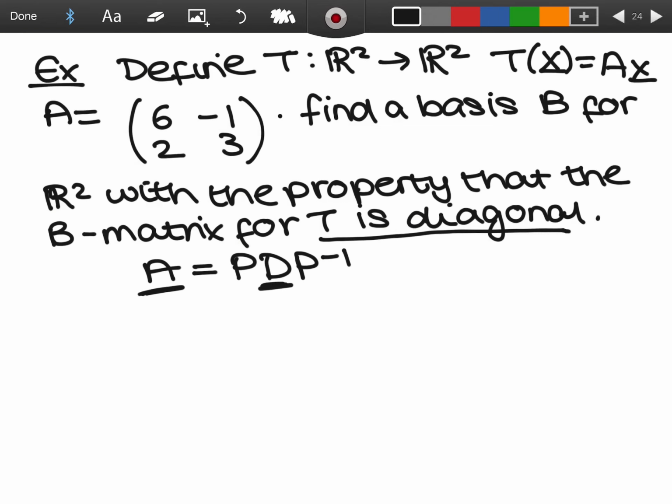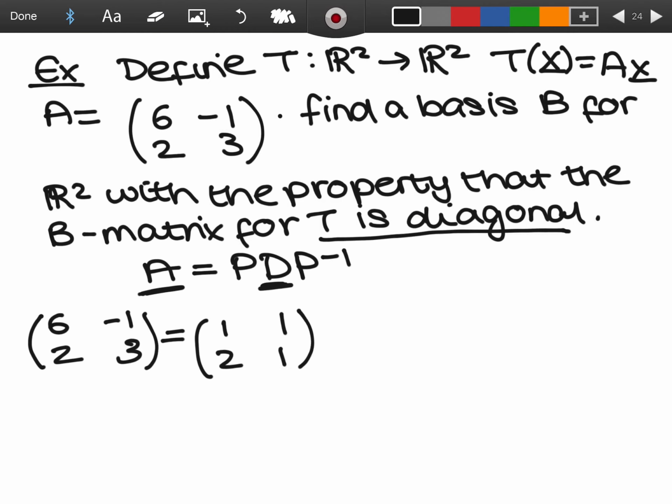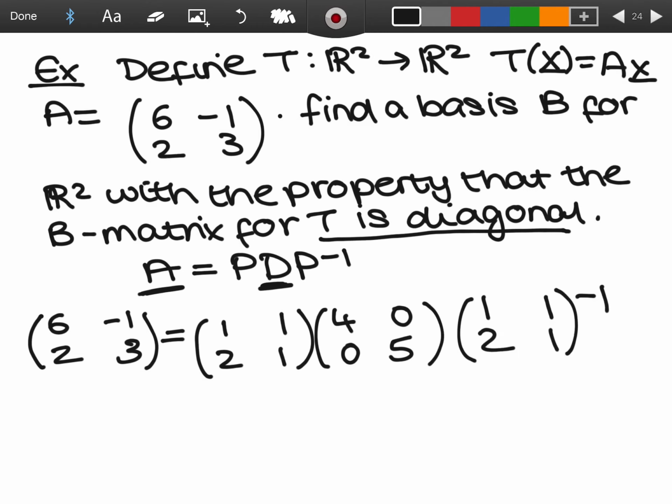Now, we actually did this previously in 5.2. I actually found the eigenvectors and eigenvalues of this matrix, and we decomposed it into P, D, P inverse. And we found that [6, -1; 2, 3] was equal to [1, 1; 2, 1] times [4, 0; 0, 5] and then the inverse of P. So that's what we found before.